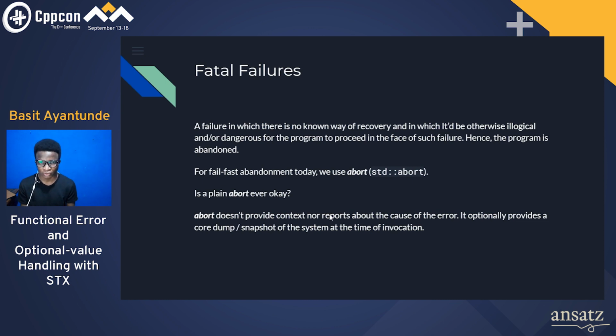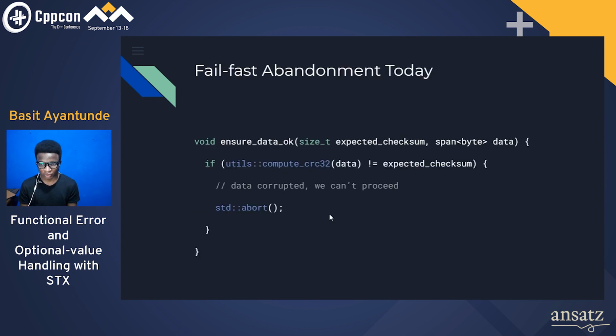Just a plain std::abort without context, is it okay? Abort doesn't really provide context nor report the cause of the error. It optionally provides a core dump or snapshot of the system memory at the time of invocation. So let's take a look at this code. We'll define a function named ensure_data_okay and use it to check whether data is corrupted or not.